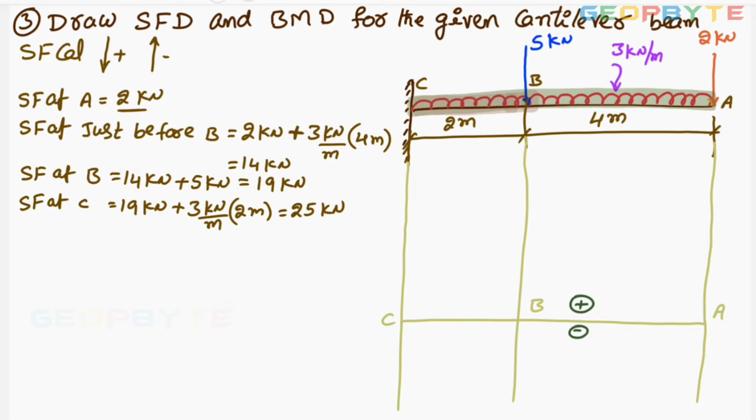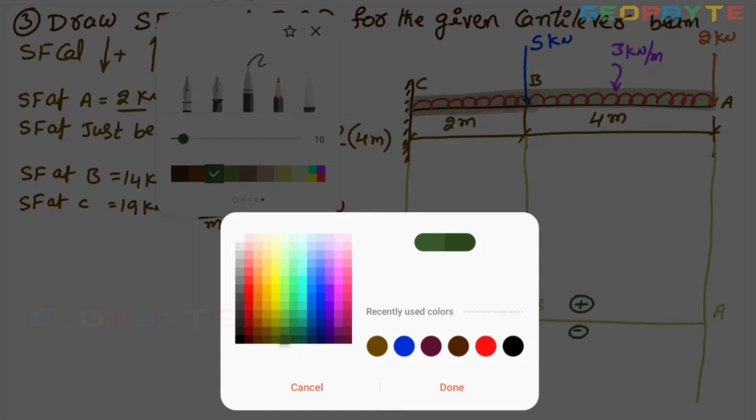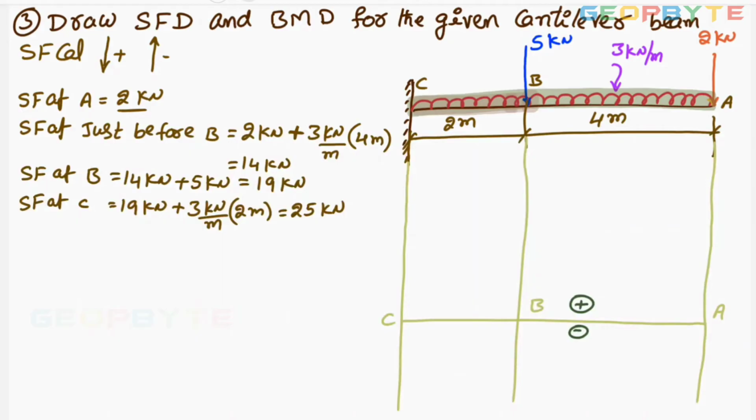SF at A. What is the shear force value at A, my dear students? Look at the value, shear force at A is 2 kilonewtons. You try to mark a value of 2 kilonewtons at some approximate distance on the positive side. SF at just before B, 14 kilonewtons.